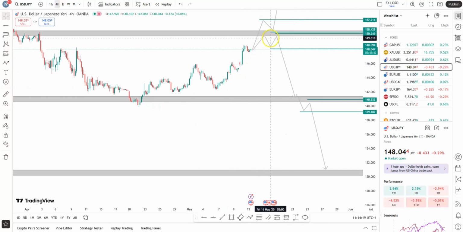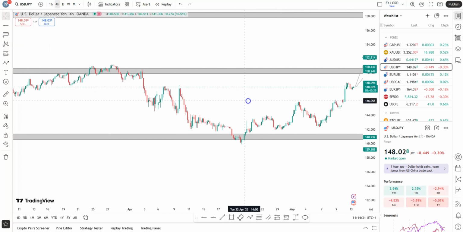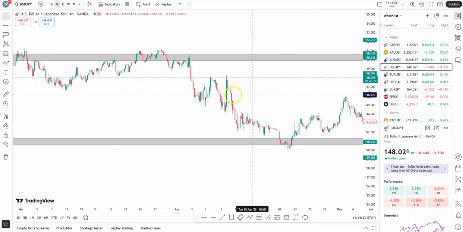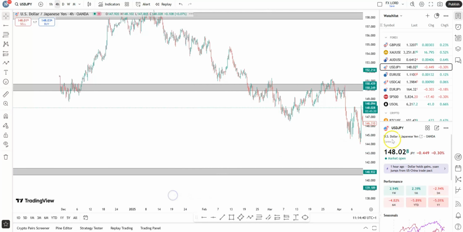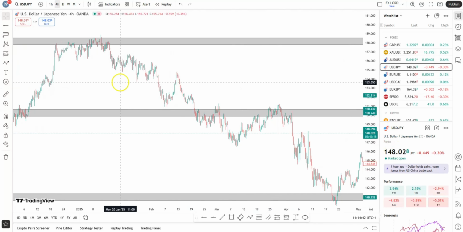But if it comes to the resistance level, comes back down, retests the resistance level, and continues downward, we know we are targeting the support level again. And same thing, you want to see how this happens in the future. Let me try to zoom this a little bit. You can see what happened.